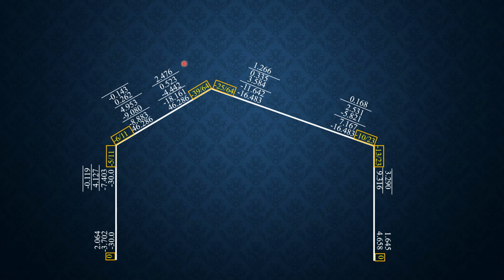Quantity 2.746 plus 1.266 times negative 30 over 64, negative 2.28 lakh. Same quantity times negative 25 over 64, negative 1.462 lakh. 0.168 times negative 10 over 23, negative 0.073 lakh. Say 0.168 times negative 13 over 23, negative 0.095 lakh.